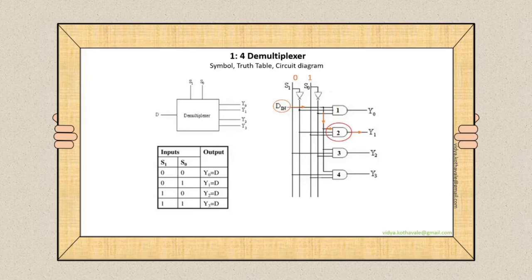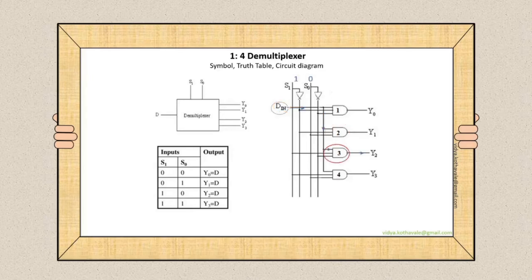With select line inputs 0, 1, the data input DIN will appear on the output line Y1 because in this case only AND gate 2 is enabled and rest all other AND gates are disabled.